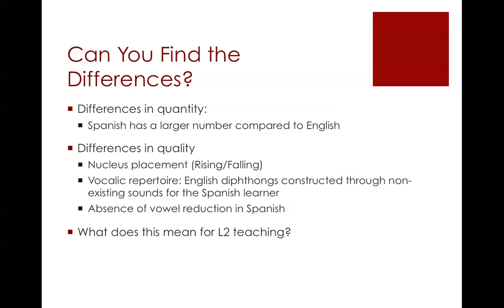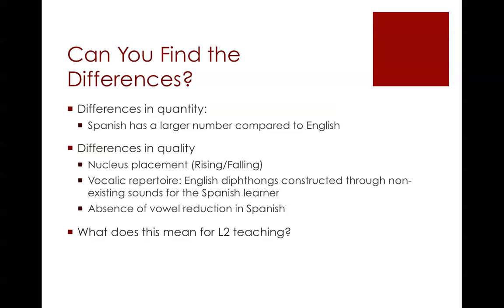So we have that the differences are both in quantity and quality. In quantity, because Spanish has a larger number of diphthongs compared to English. In quality, the differences can be described on 3 levels. First of all, nucleus placement, as we have seen in the rising-falling classification of Spanish.